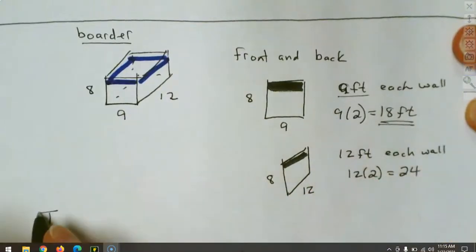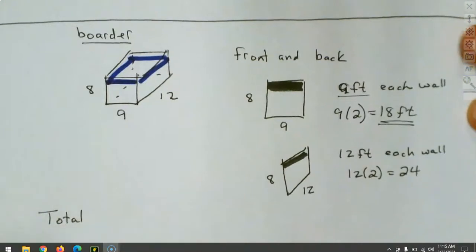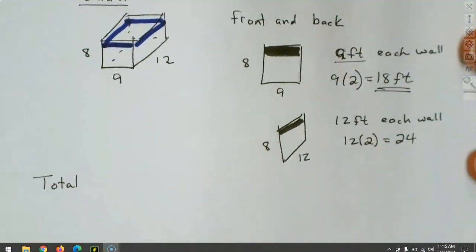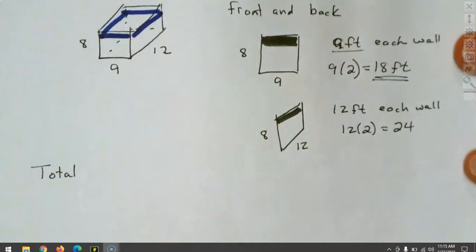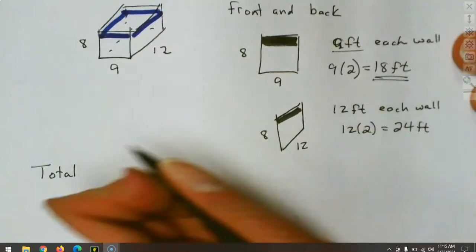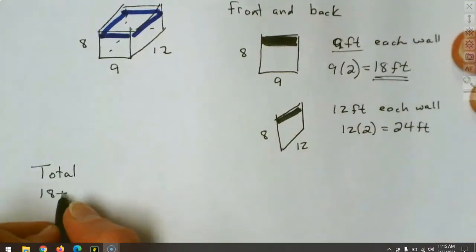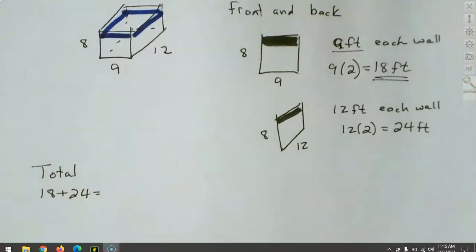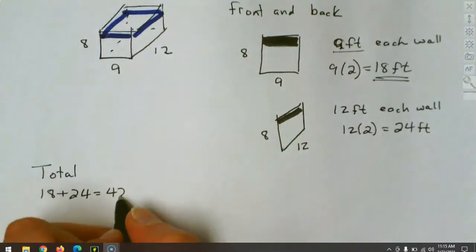So how much total border do we need? Well, my total border that I need, this is feet here, is going to be 18 plus the 24, which is then 42 feet of border.